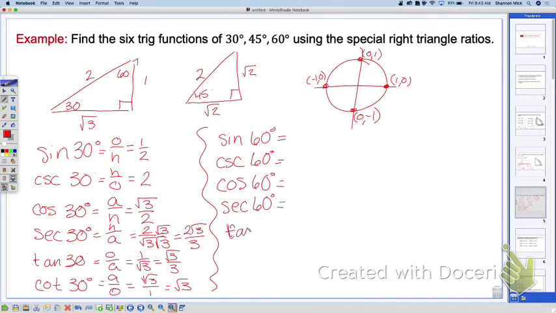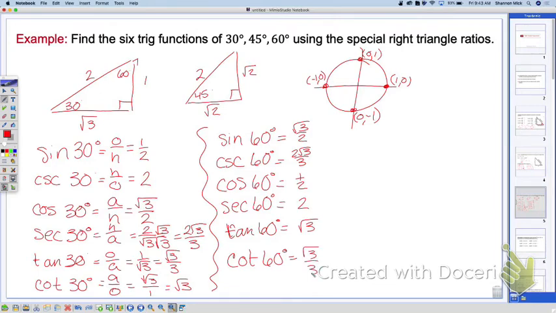These came from the same triangle, yes? So the same values should occur. You should have the square root of 3 over 2, 2 square root of 3 over 3, 1/2, 2 square root of 3, and square root of 3 over 3, if I did those right in my head right now.